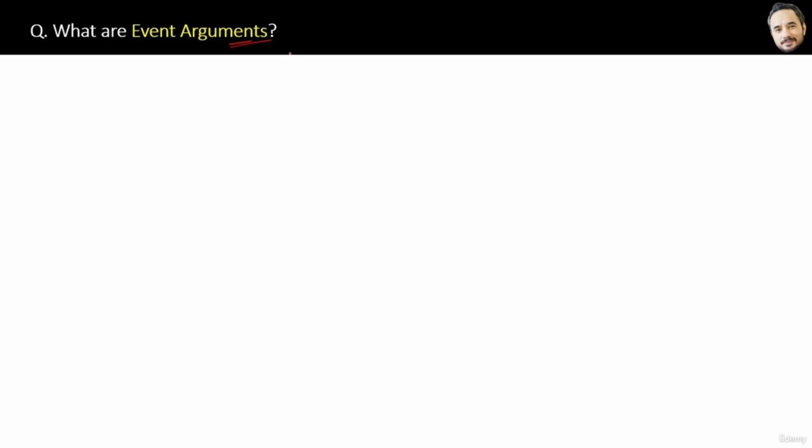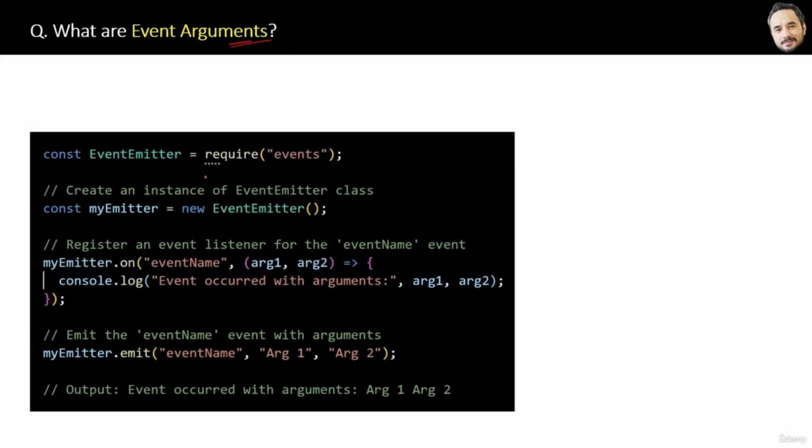In the previous question I explained this code, right? How we can import the events module, get the EventEmitter class, from that create the myEmitter object, then register the event listener by using the on method of the myEmitter object. Now when we are emitting the event, we can also pass some additional information in the form of parameters, like these argument 1 and argument 2, along with the event, and that additional information is called event arguments.